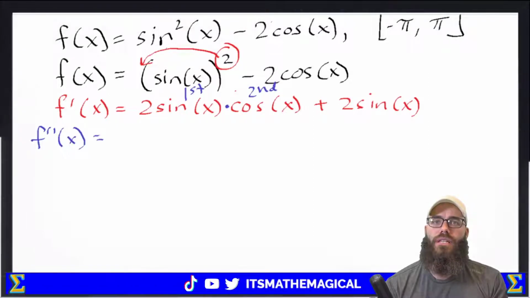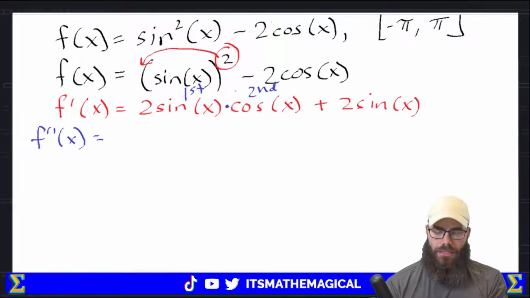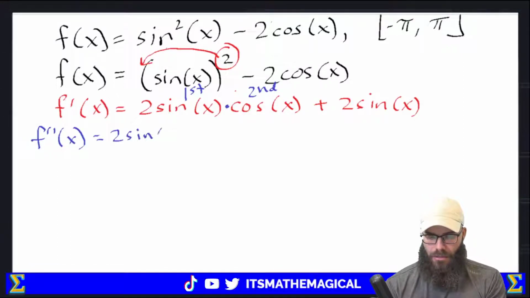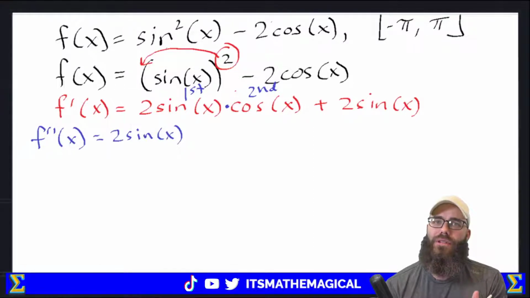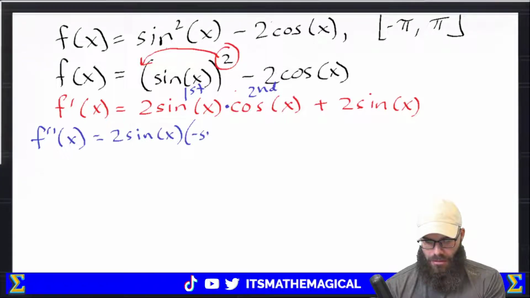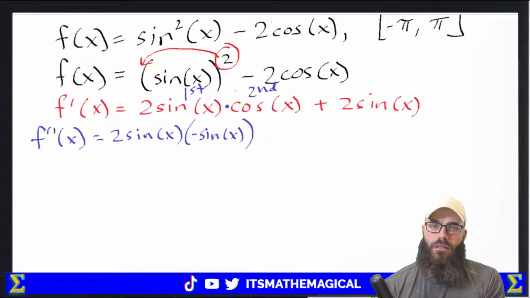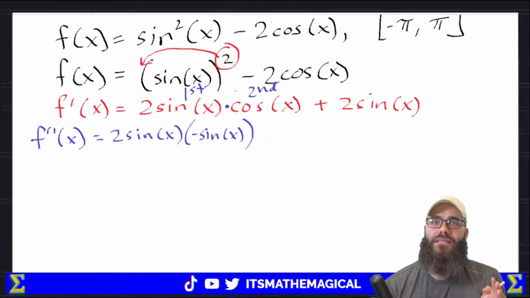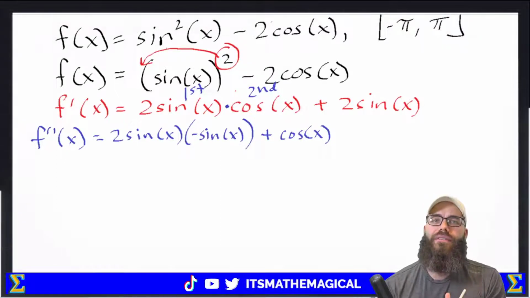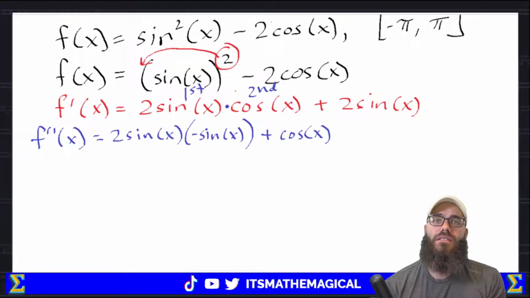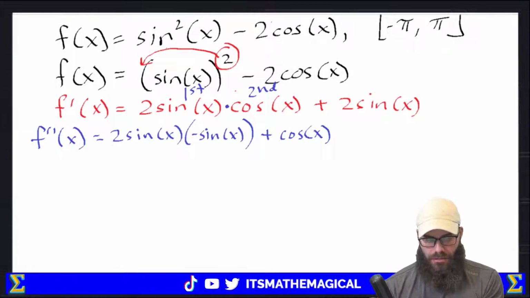So the product rule says you're going to take the first, which is 2 sine x, multiply it by the derivative of the second. So what is the derivative of cosine? Well, that's negative sine x. And then you want to add the second times the derivative of the first. So that's going to look like this, plus the second is cosine x, and then the derivative of 2 sine x is 2 cosine x.